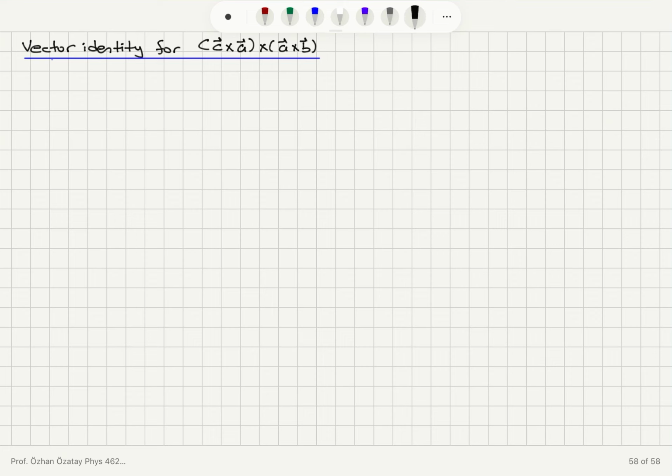If you take the ith component of this vector, C cross A, the first vector, crossed with A cross B, now we're using vector algebra, vector calculus. This is epsilon ijk, the Levi-Civita symbol, the jth component of the first vector, C cross A, and A cross B's kth component.